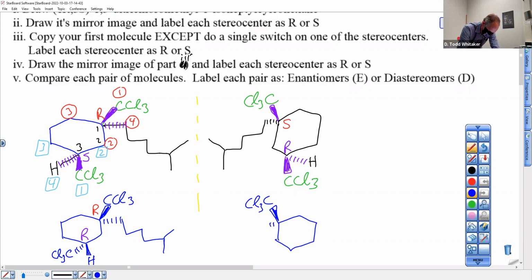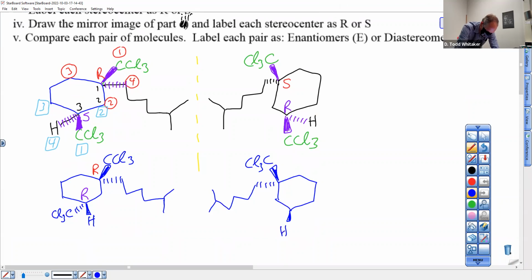Dash towards the mirror pretty much straight across. 2, 3, 4, 5, 6. And down here an H almost straight down. And a CCl3 away from the mirror down. And the mirror image of the red R is a red S. The mirror image of purple R is a purple S.